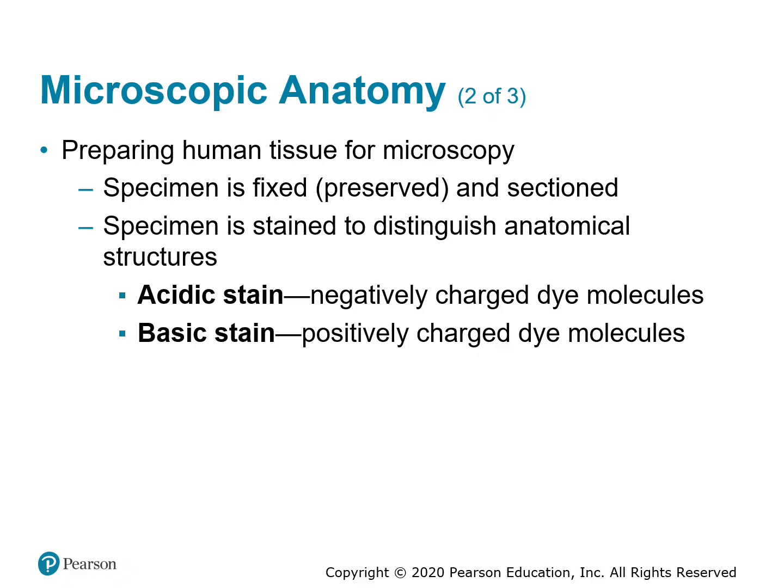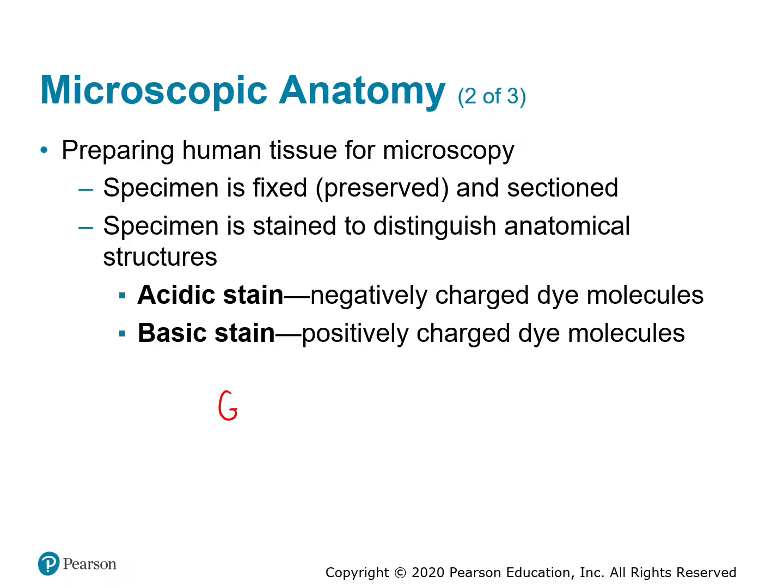This is talking about how we prepare tissues for microscopy. We might do 1 or 2 tissue stains in lab when we get to tissues. That's going to be next week. Speaking of, when we are preparing slides, things like that, we do stains. An acidic stain will dye negatively charged molecules, and a basic stain will dye positively charged molecules.